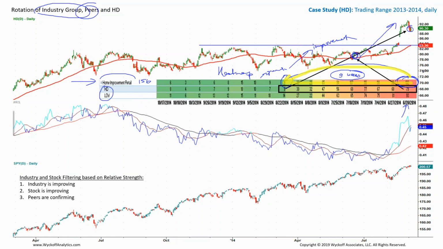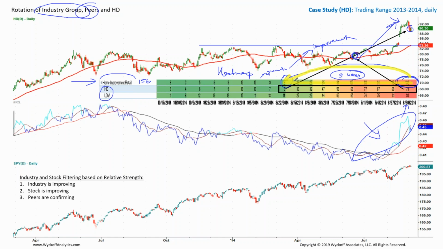It overcame a long-term resistance and committed to the upside. So a significant move to the upside produced a significant rally on the relative strength. We could see that this was the relative strength rise right here. And we could see this in the heat map as well. So heat map is just another tool for us to visualize the same concept.